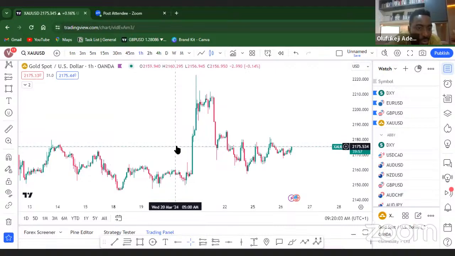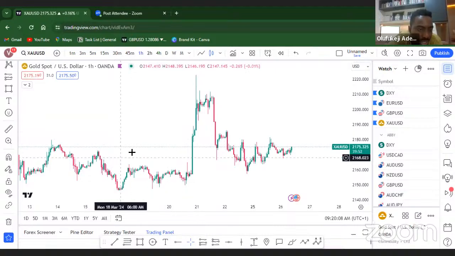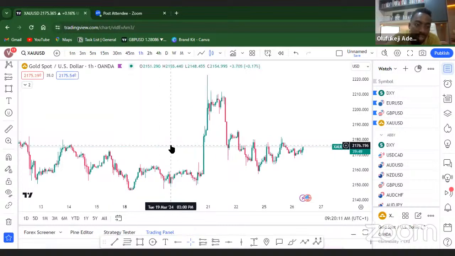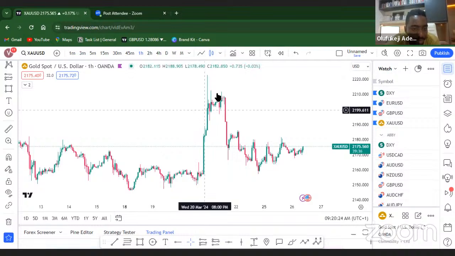Why am I possibly looking for intraday bullishness on gold? Who can tell me why? Can you see the shoulder, the upside down shoulder? Can you see the sweep? Upside down shoulder, sweep.